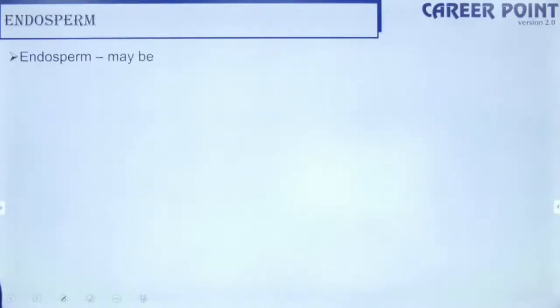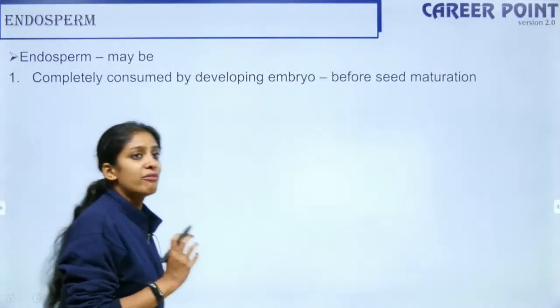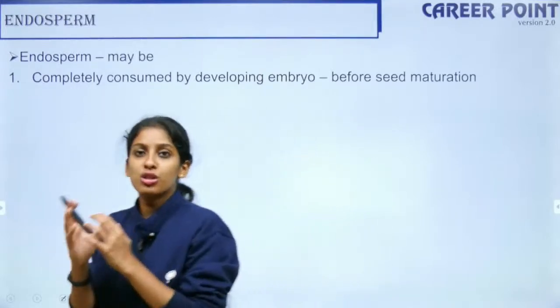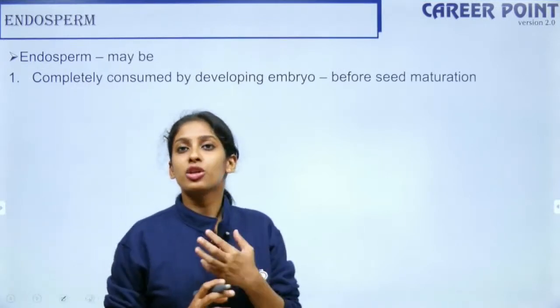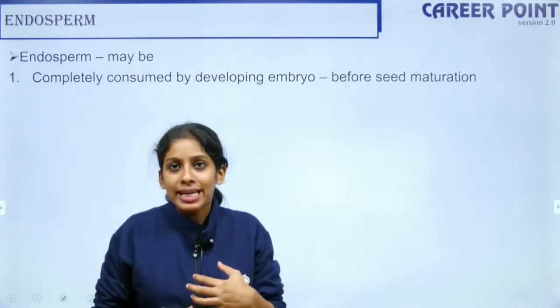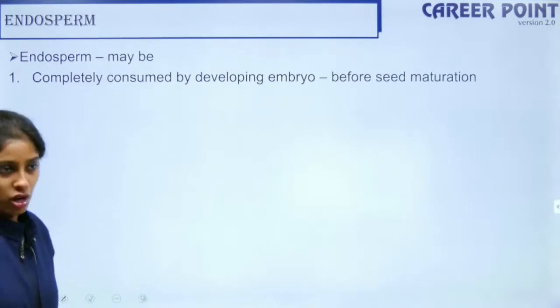Fine? Okay. So endosperm may be of two types. The endosperm may be completely consumed by the developing embryo. The ultimate role of endosperm is to nourish the growing embryo. Sometimes the growing embryo might completely consume the endosperm before the seed matures.